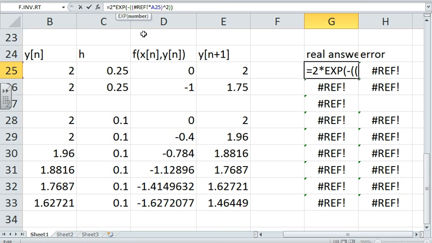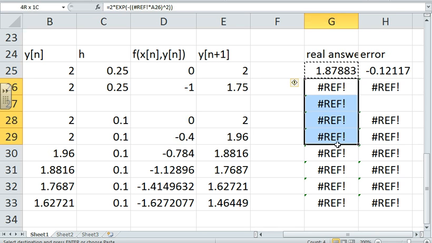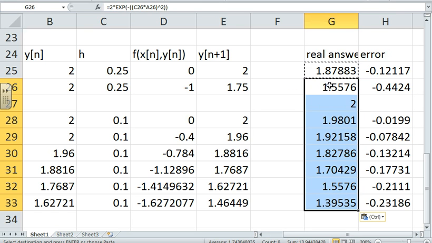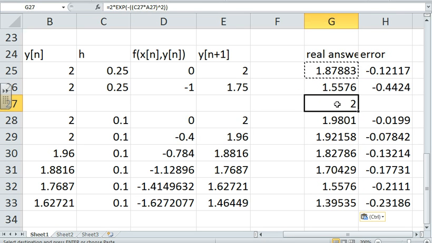A25, C25, right? C25. Well, isn't that just special?